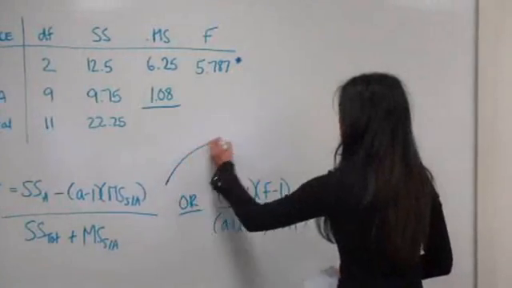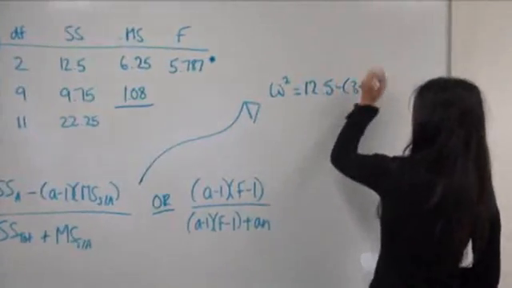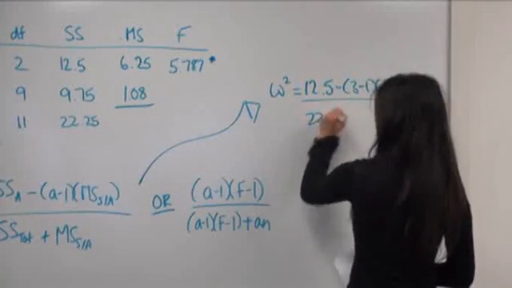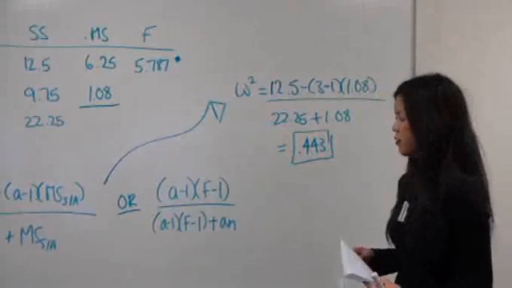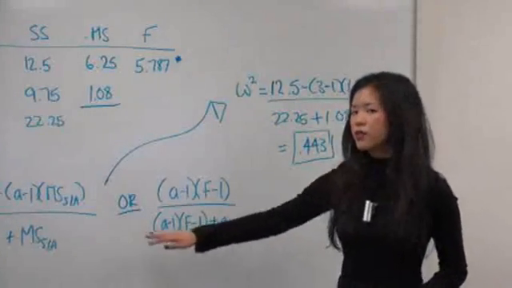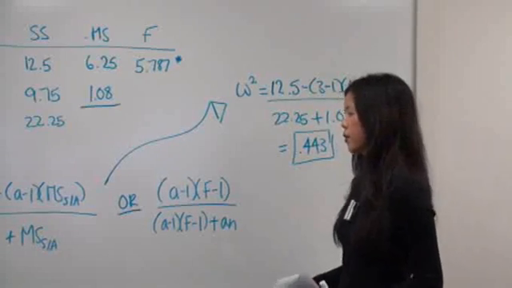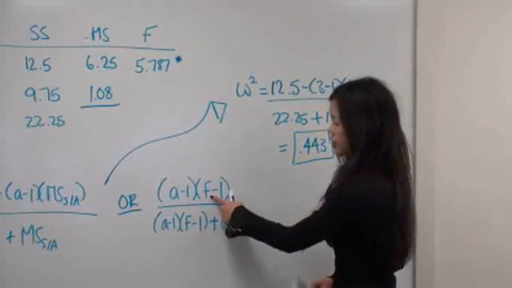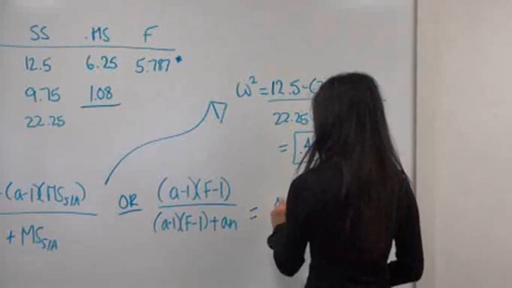You get the same thing if you use this equation. You can use whatever equation you like. It really depends on whatever information you have that you're more comfortable with. But if you did the same thing, this F is just this F value right here, you would also get 0.443.